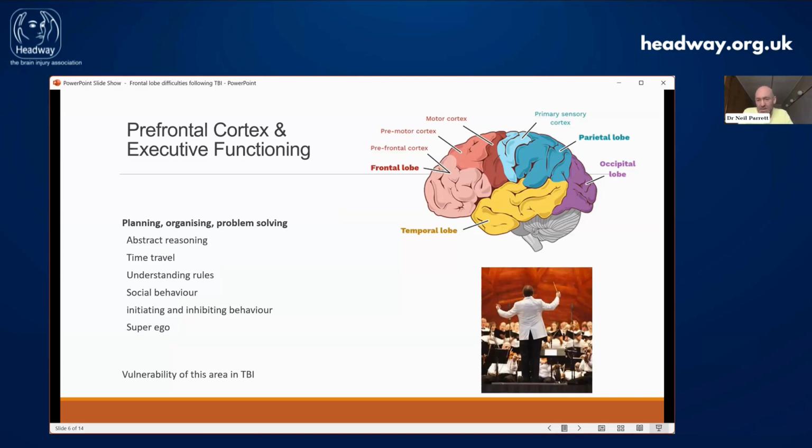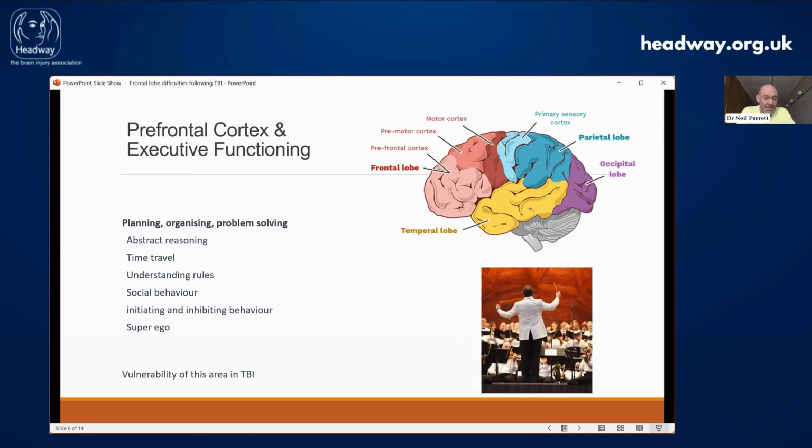It's also sort of a conductor. That's a metaphor I like to consider in trying to make sense of the role of the prefrontal cortex in organizing and putting together all the information that comes in through the sensory parts of the brain, integrating it into information we're able to use to orient ourselves in time and place.